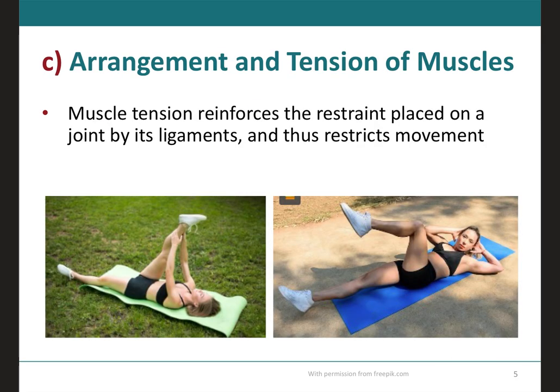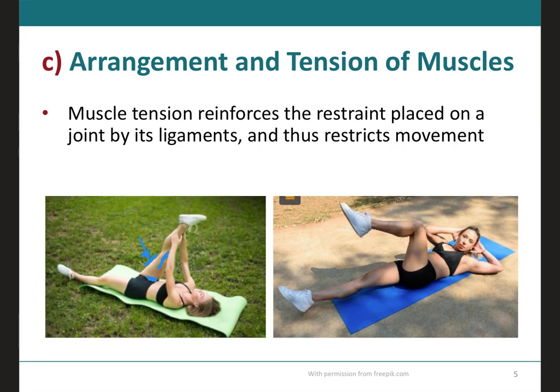Muscle tension will reinforce the restraint that is placed on a joint by its ligament, and this will restrict the movement. A good example of the effect of muscle tension on a joint is seen at the hip joint. When the thigh is fixed with the knee extended, the flexion of the hip joint is restricted by the tension of the hamstring muscles, which are located on the posterior surface of the thigh.